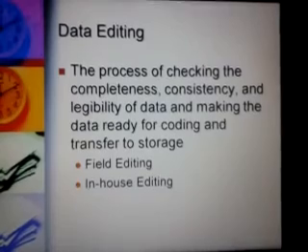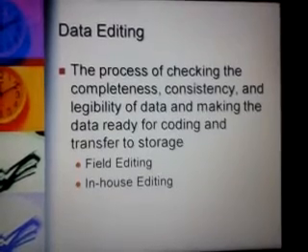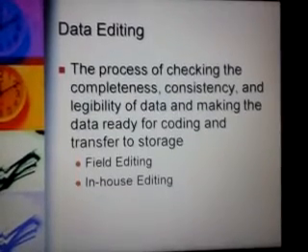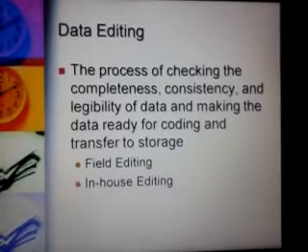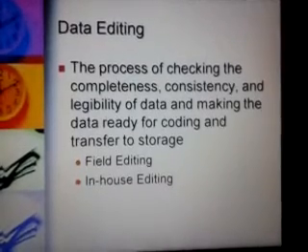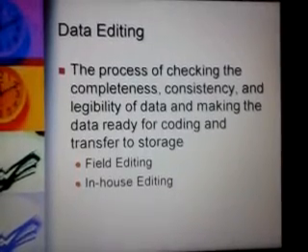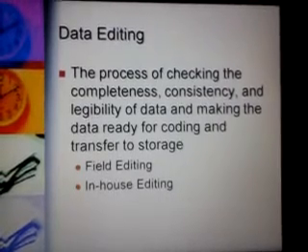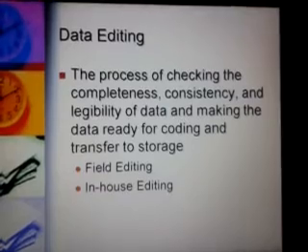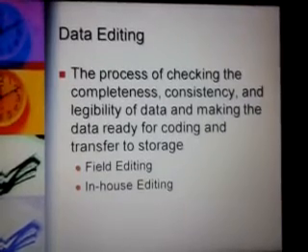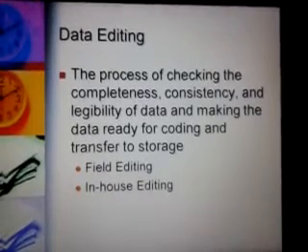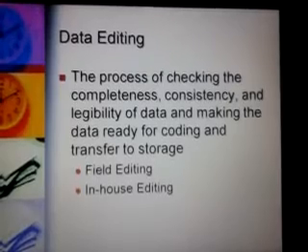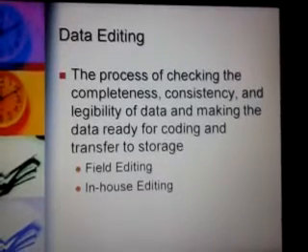I'll take one more example, not about completeness but about consistency or legibility of the data. There are two questions in a questionnaire. One question is for how long you have been residing in a particular area, and there is another question about the age of the respondent.